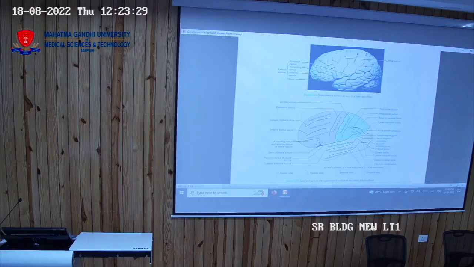These are the superior frontal sulcus and inferior frontal sulcus, and the gyri present between them, or these two parallel running sulci in the frontal lobe, divide this into three parts: superior frontal gyrus, middle frontal gyrus, and inferior frontal gyrus.